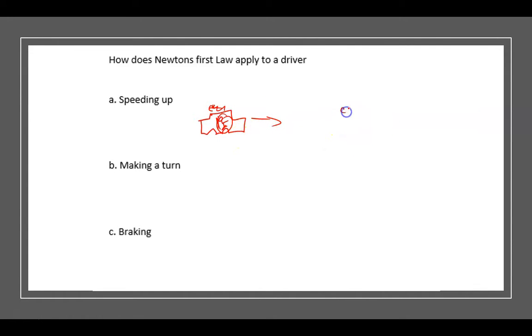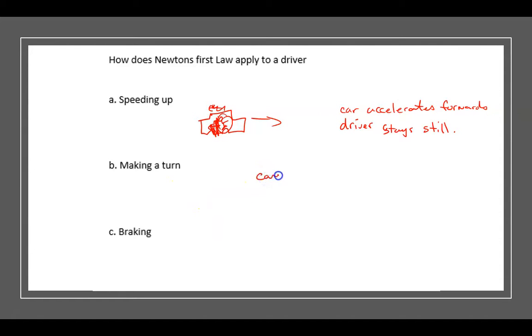So the car accelerates forwards, and so the driver stays still. And so it feels like, from the driver's perspective, as if they're being forced back, but that's not actually happening at all.